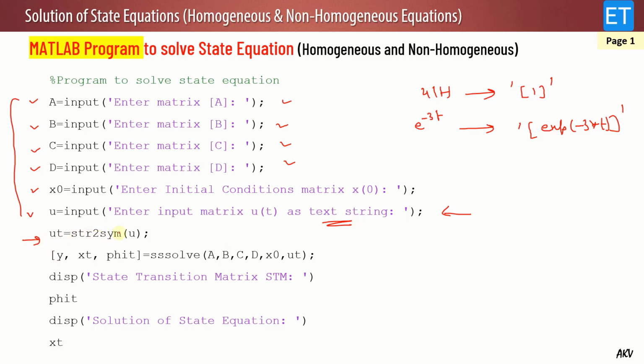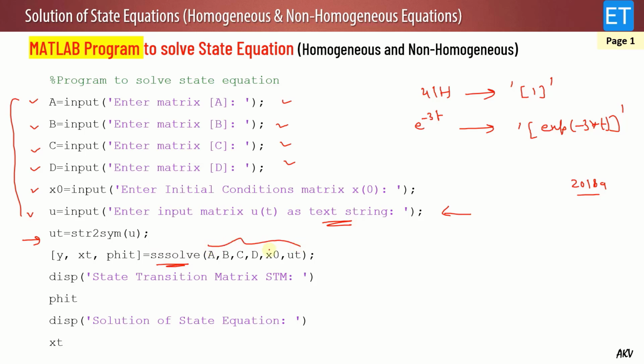This command will convert the text string into a symbolic expression. Let me also tell you, I am using the Symbolic Math Toolbox, and I'm using the 2018a version of MATLAB. Here I have created one function, SSsolve, that means state space solve.